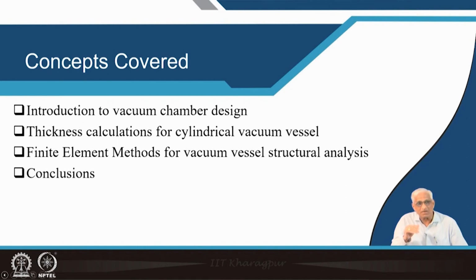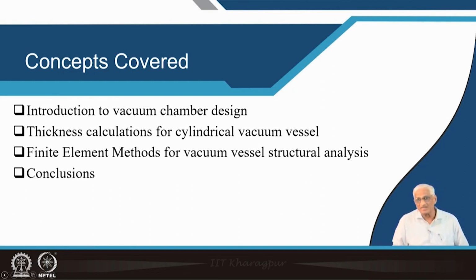After covering these concepts, we will try to give conclusions with some hints to the engineer on what he should look into with regard to the design of a vacuum chamber. For your information, the vacuum chamber is the main component because other components are commercially available: valves, couplings, gauges, plumbing work.